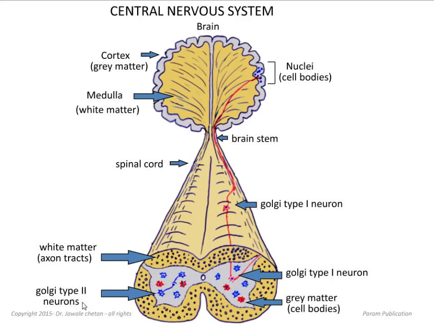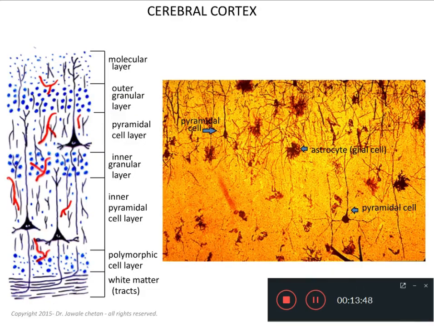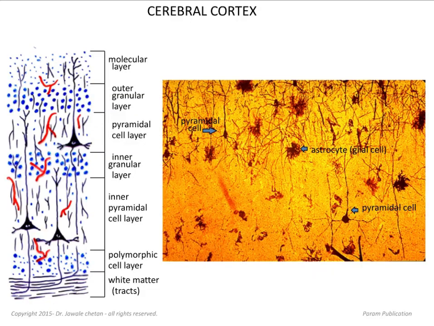These Golgi type 2 neurons are present here, and in the white matter axon tracts are present. In this photograph, this is a diagrammatic presentation and this is an actual color photograph of a slide showing neurons in a cerebral cortex.